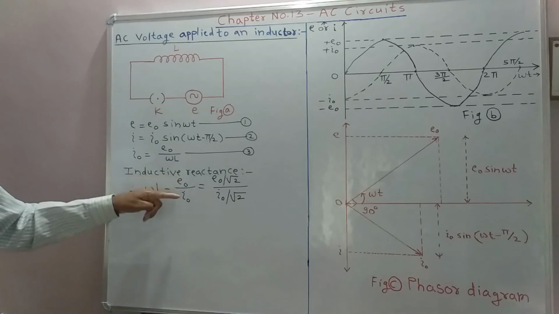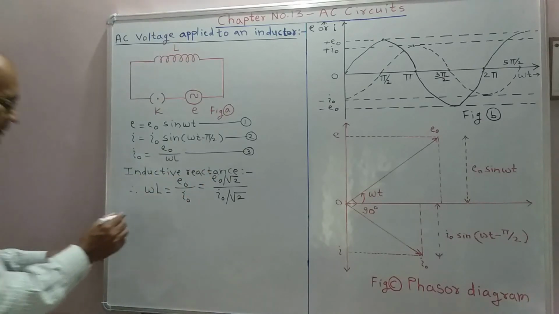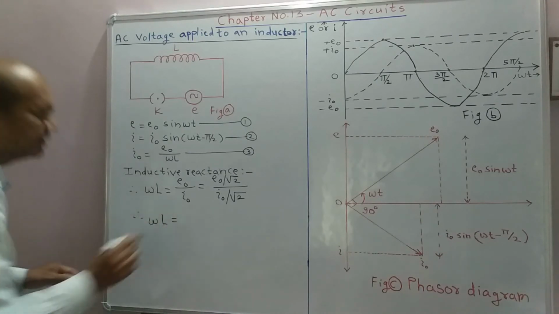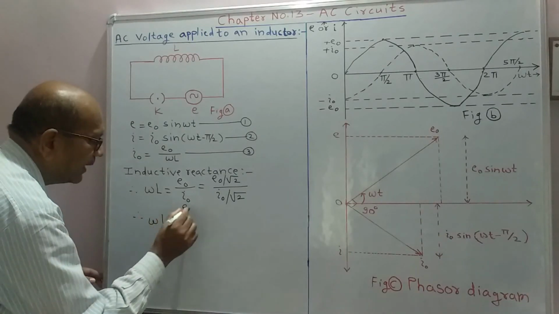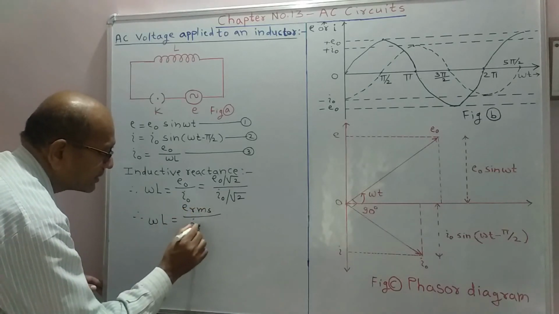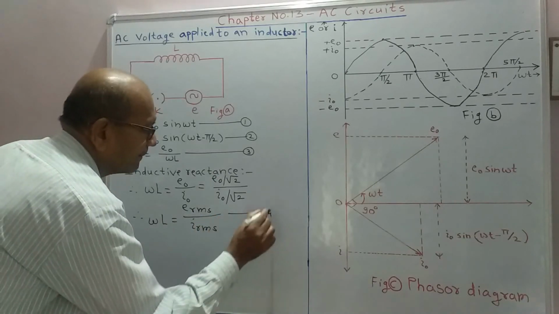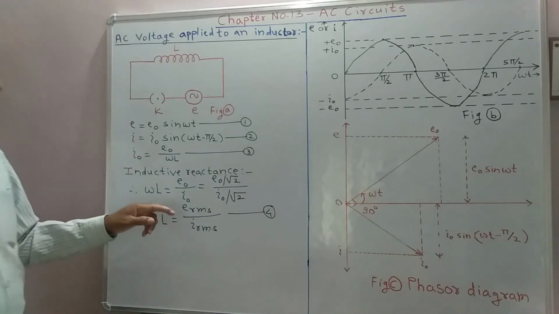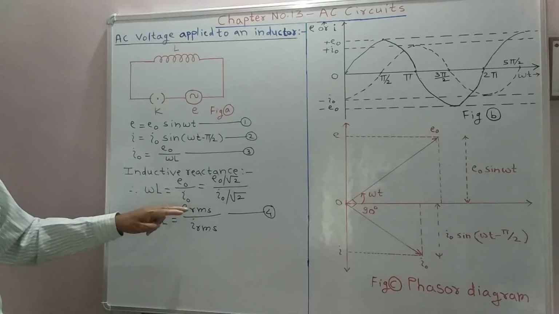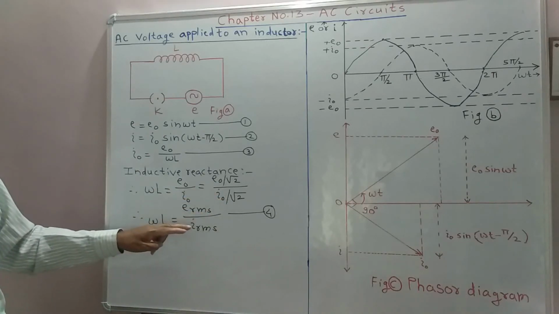Here numerator and denominator are divided by under root 2. Therefore, omega L is equal to E RMS upon I RMS. This is equation number 4. Here, E naught upon under root 2 is the value of E RMS, while I naught upon under root 2 is the value of I RMS.